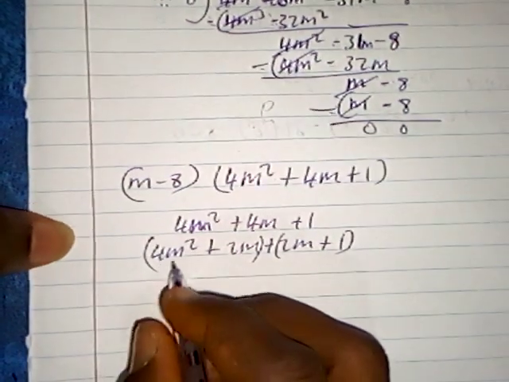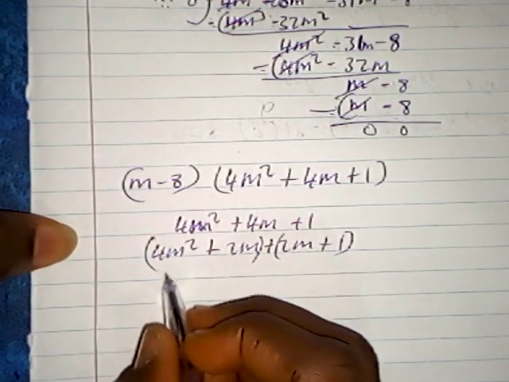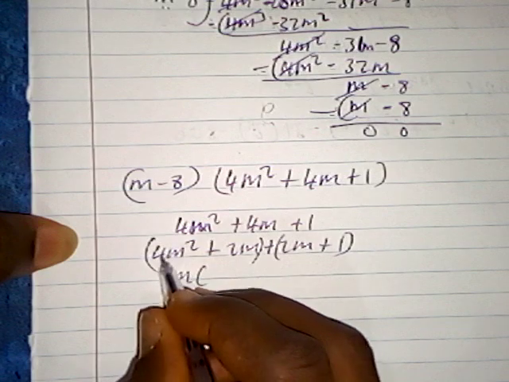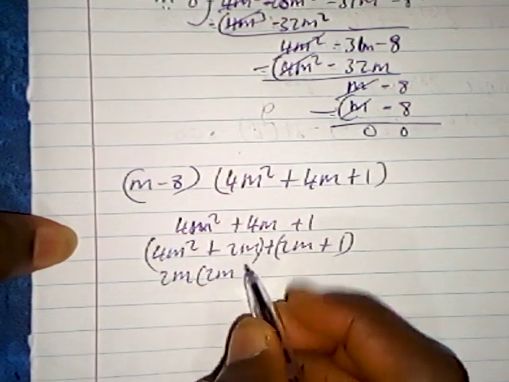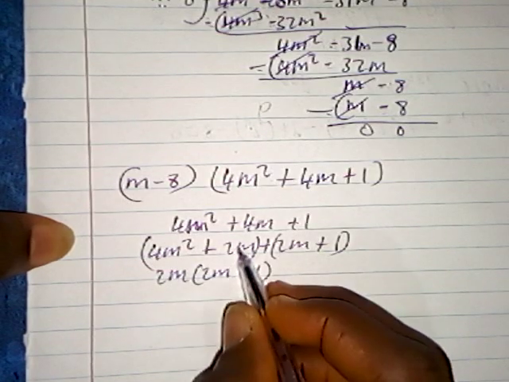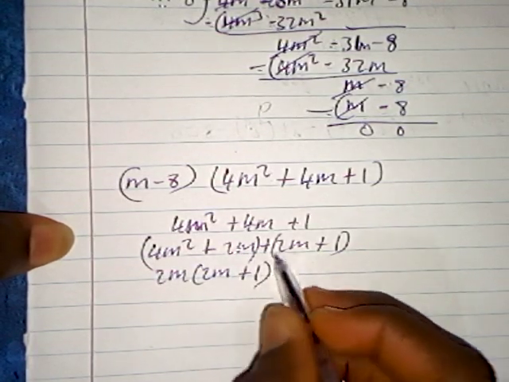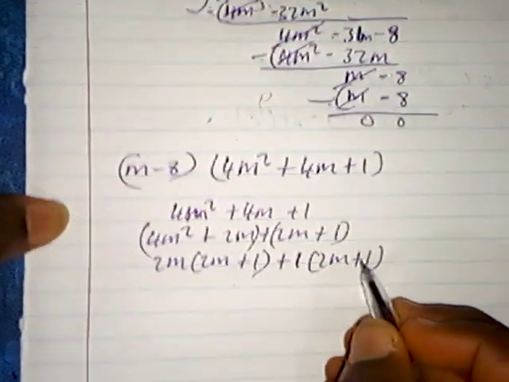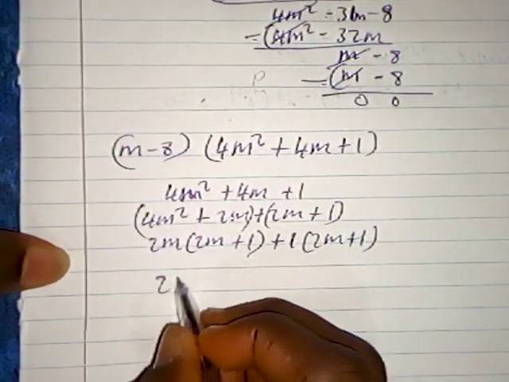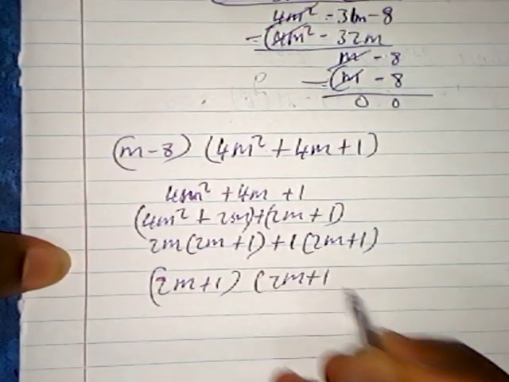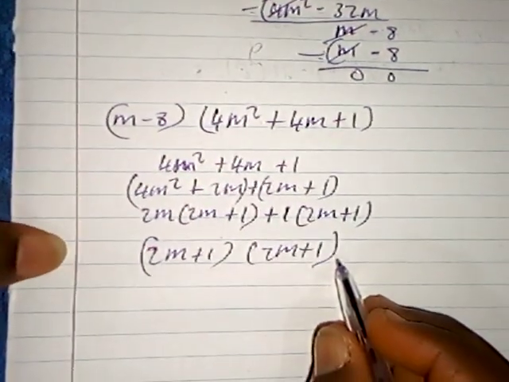So here, what is the factor here? 2m. 2m into 4m square is just what? 2m, right? Plus 1. 2m into 2m is to give you 1. Plus, here is going to give you 1 into 2m plus 1 as well. So what are the factors? The factors are 2m plus 1. Here again, 2m plus 1. This is the factor. Good.